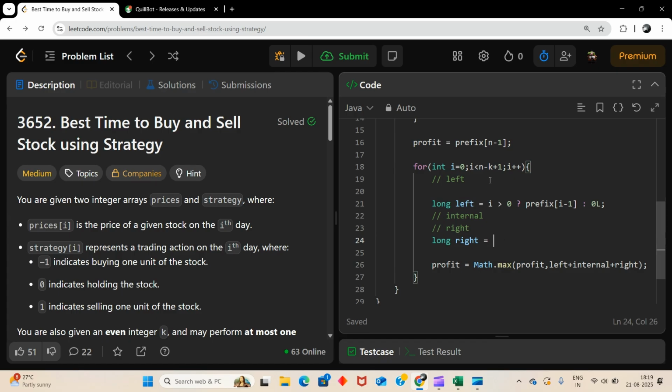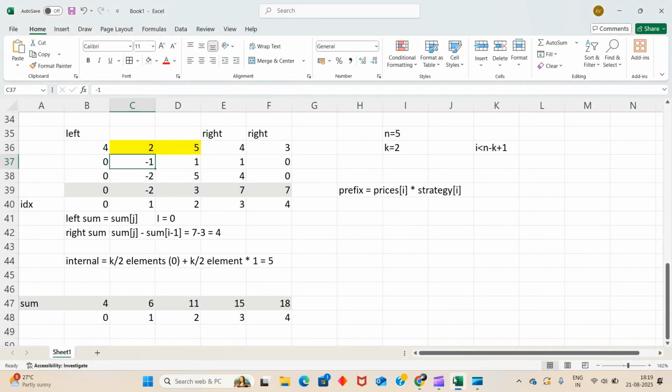Here, my window can be this. In this case, I want 0. That means my i is 1 plus my k is 2. If it is less than n minus 1, in that case we will calculate the sum. Else, consider this, I want to calculate the sum of this.